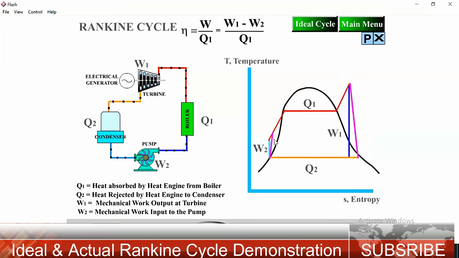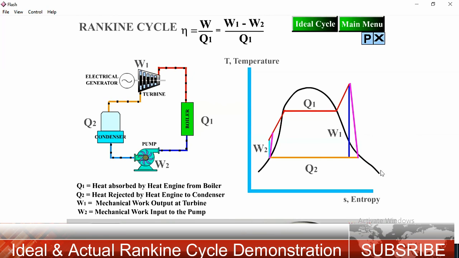Simply, in the ideal Rankine cycle, the processes taking place in the turbine, condenser, pump, and boiler are assumed to be reversible. We are neglecting the friction losses, viscous losses, pressure drop, and considerable heat transfer. When these losses are incorporated in the thermodynamic cycle, we get the actual Rankine cycle. The thermal efficiency of the ideal Rankine cycle is higher compared to the actual Rankine cycle. On the TS diagram, the actual and ideal Rankine cycles are shown.